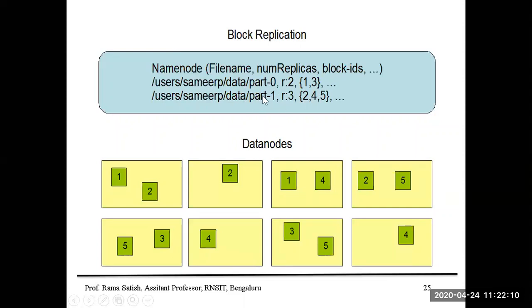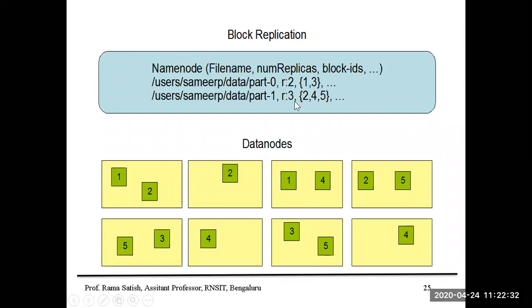Part 1, the second block. And R2 means replication factor 2. R3 means replication factor 3. And the block IDs are 1 and 3. So this particular file is made into two blocks, and its block IDs are 1 and 3. This file is made into 3 blocks, 2, 4, and 5.